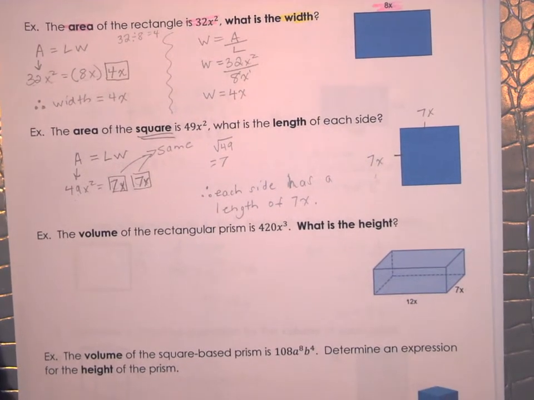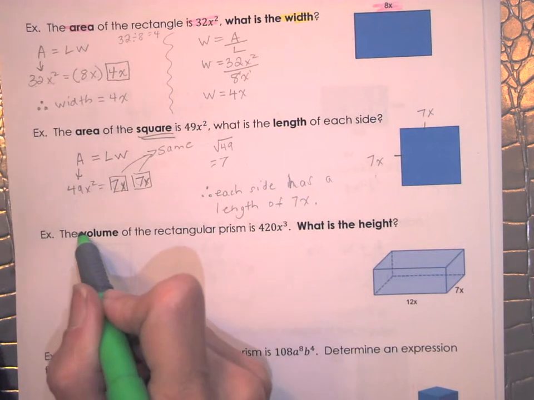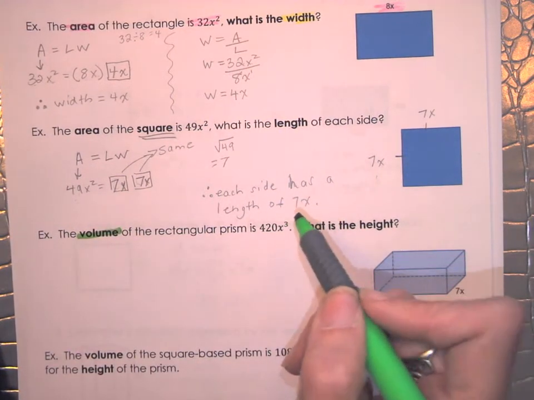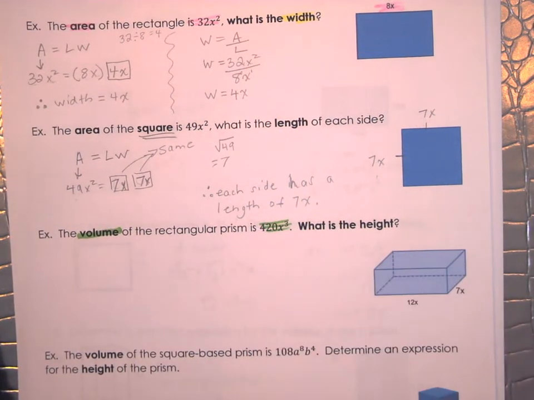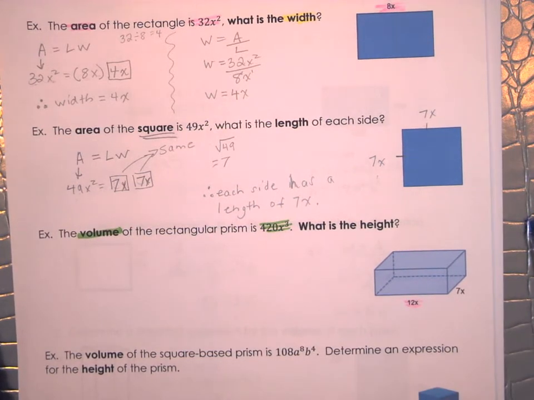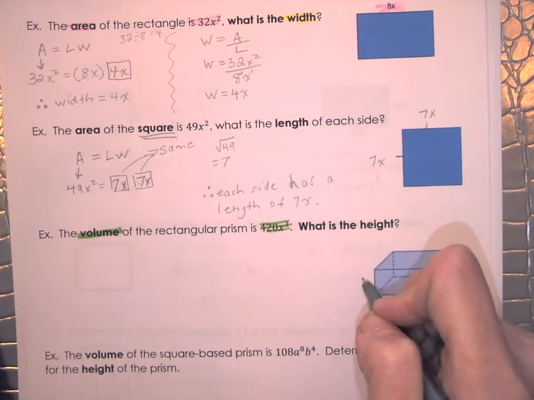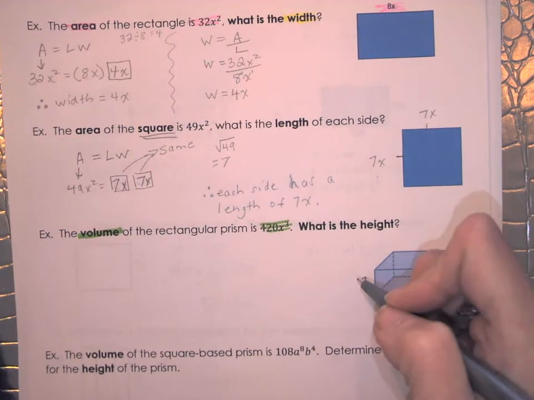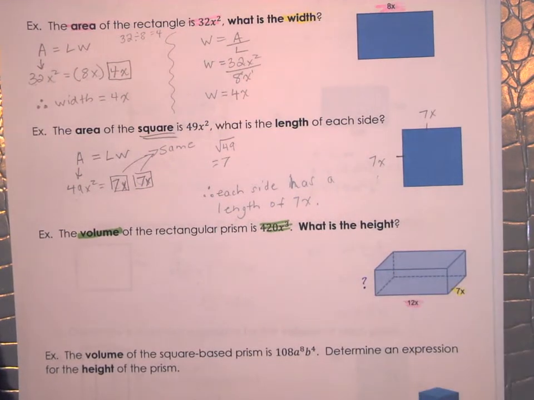Next one, we're given the volume. So the volume of a rectangular prism is 420x cubed. What is the height? So we've got the length and we've got the width, but we don't know what the height is. So this is our height, but we don't know what it is.